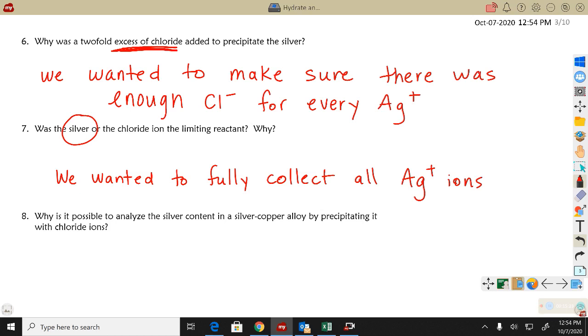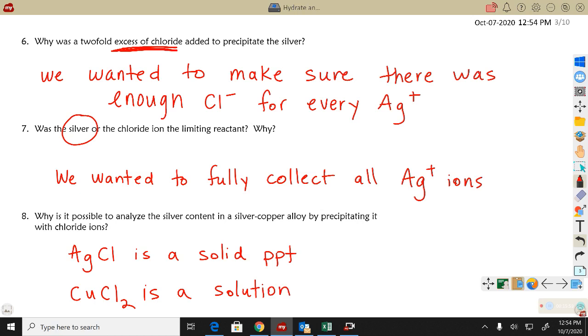Chlorine was a great choice here because silver chloride is a solid precipitate, but the other product would have been copper chloride, but copper chloride is soluble in solution.